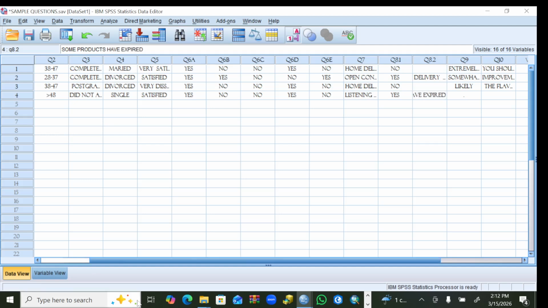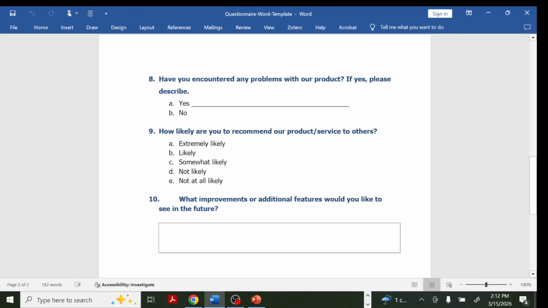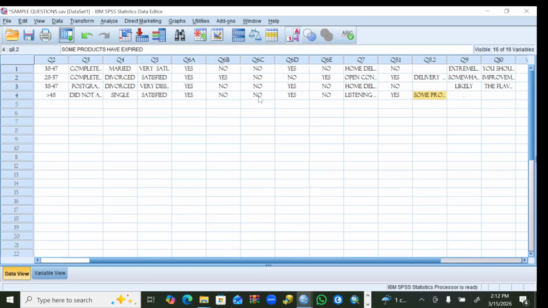And then you go to question number 9. How likely are you to recommend our product? Now here he's talking about the expire, that some products have expired, and then here of course the recommendation will be not at all. And then question number 10 is what improvement or additional feature would you like to see in the product?